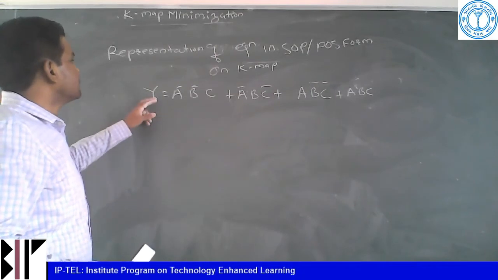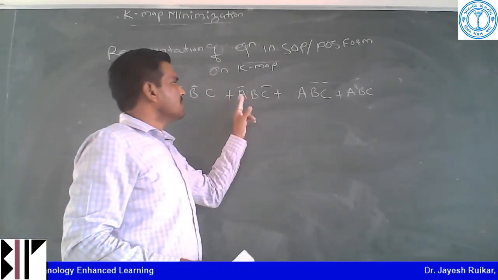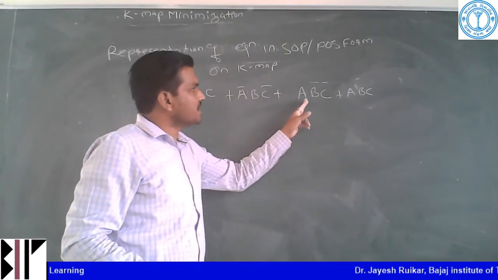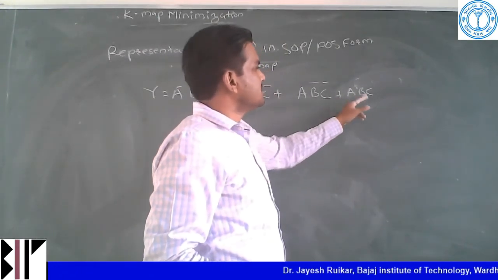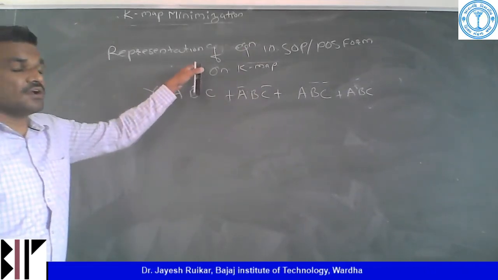Now this example has been given. Y equals a bar b bar c plus a bar b c bar plus a b bar c bar plus a b c. This equation has been given and we have to represent it on the K-map.